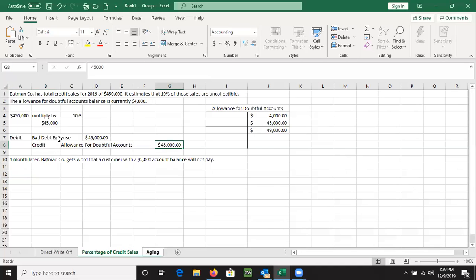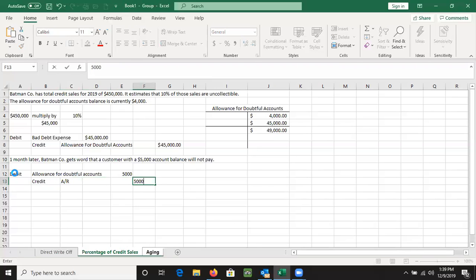We will not recognize bad debt expense again. We already recognize an estimation of bad debt expense. So when customers definitely can't pay under this method, we actually reduce the allowance for doubtful accounts for that amount. And then we officially write off accounts receivable.